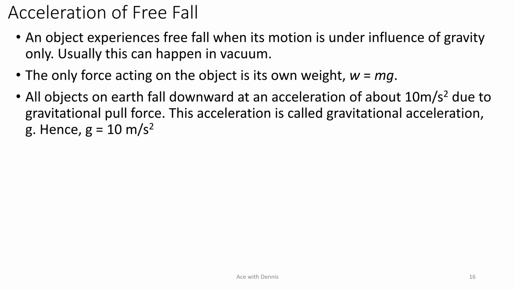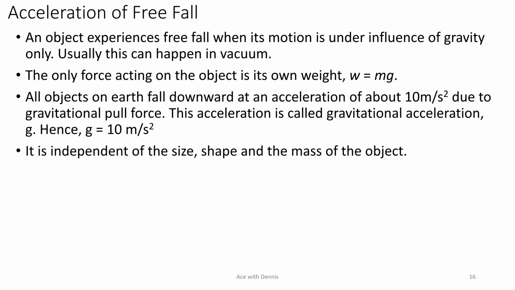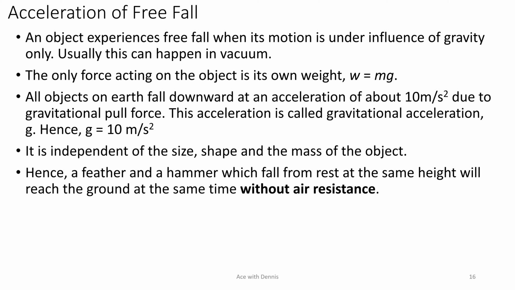This acceleration is called gravitational acceleration, g. Hence, g equals 10 meters per second squared. It is independent of the size, shape, and the mass of the object. Hence, a feather and a hammer, which fall from rest at the same height, will reach the ground at the same time without air resistance.